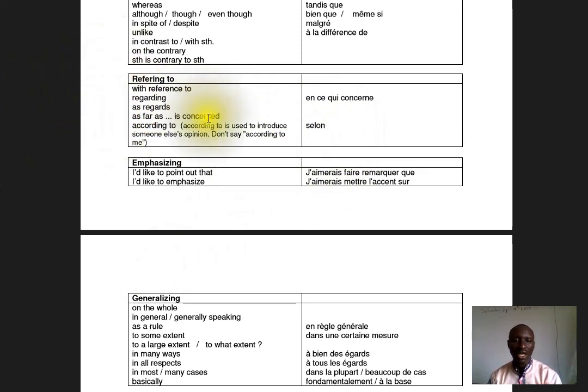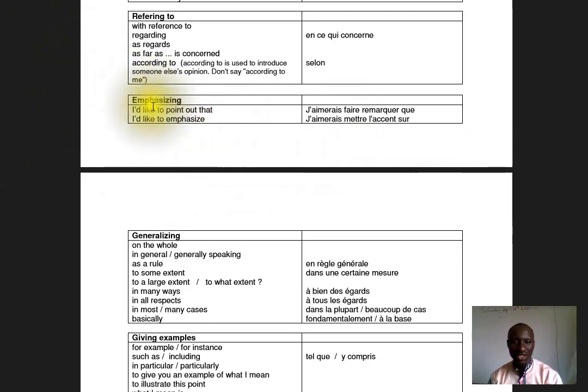How to emphasize? If you want to emphasize something, you have to say, I would like to point out that, j'aimerais faire remarquer que; I'd like to emphasize, j'aimerais mettre l'accent sur.